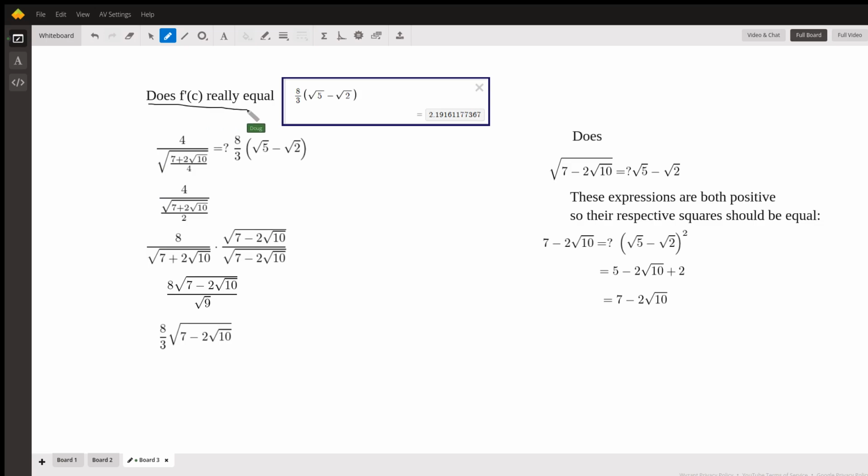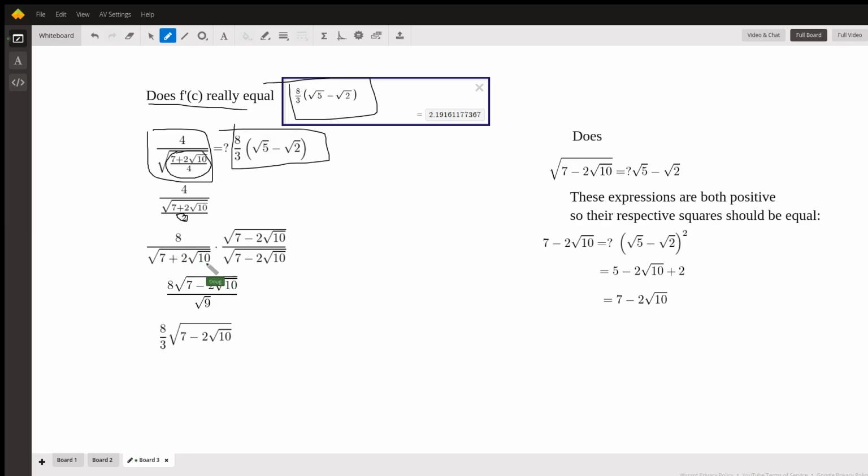Does f prime of C really equal the slope of the secant line as far as exact values go? So in other words, if I put this expression for C into f prime, can I make this side really look like this? Well, if we take the square root of the 4, 4 divided by 1/2 is 8.